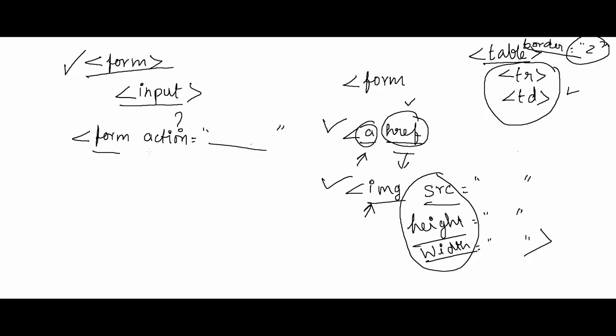So I want to give some link. The next important attribute is method. When moving on to dynamic pages, this is all important. We have two types of method: one is post and the other is get.